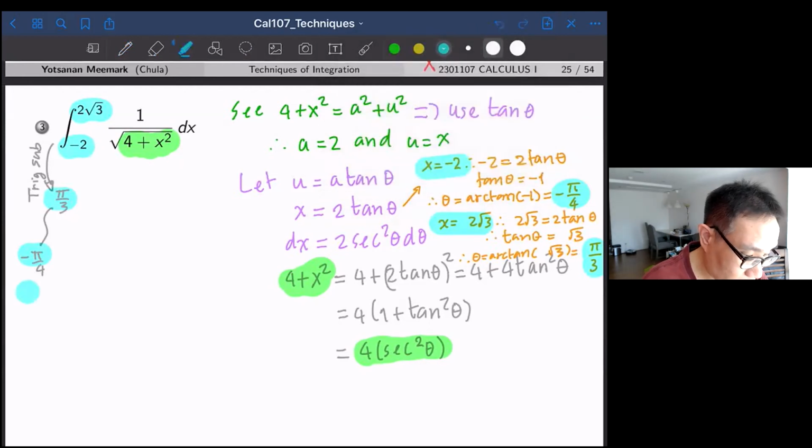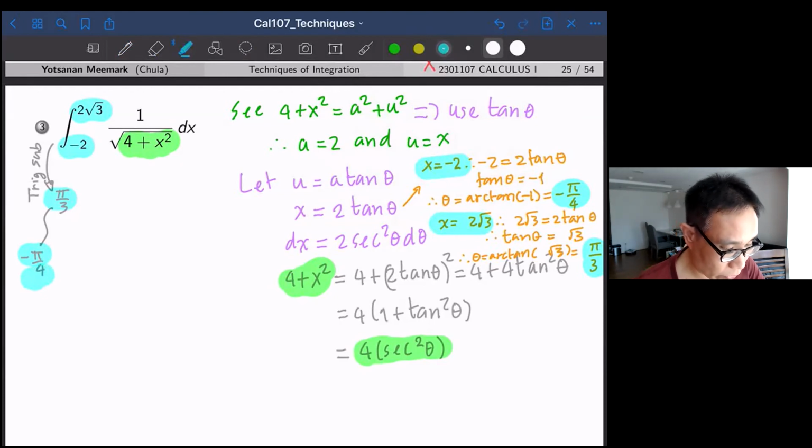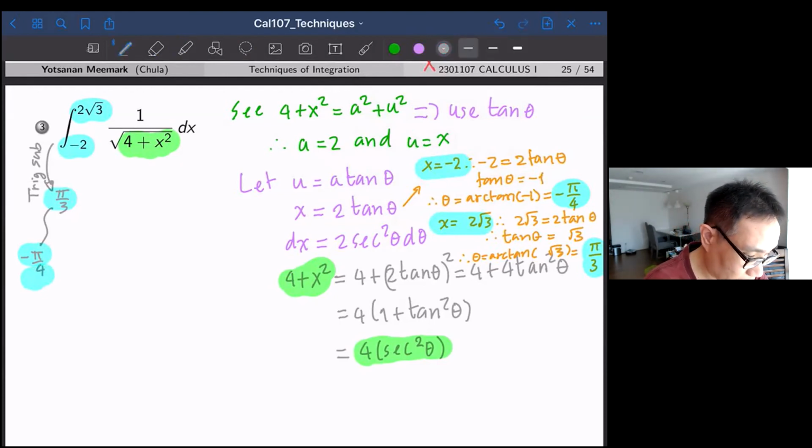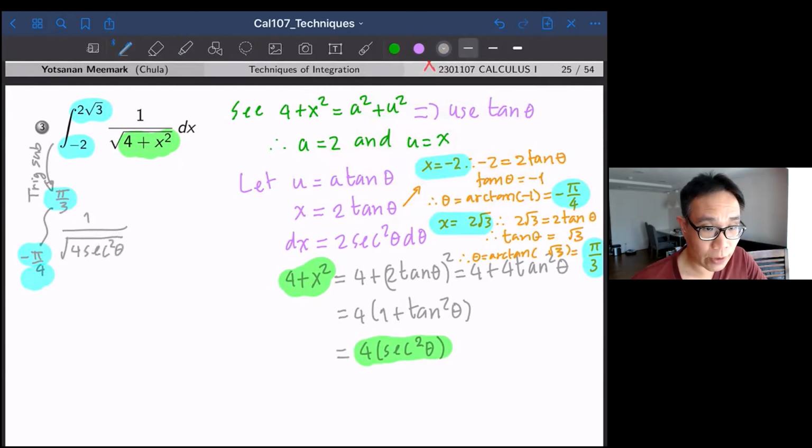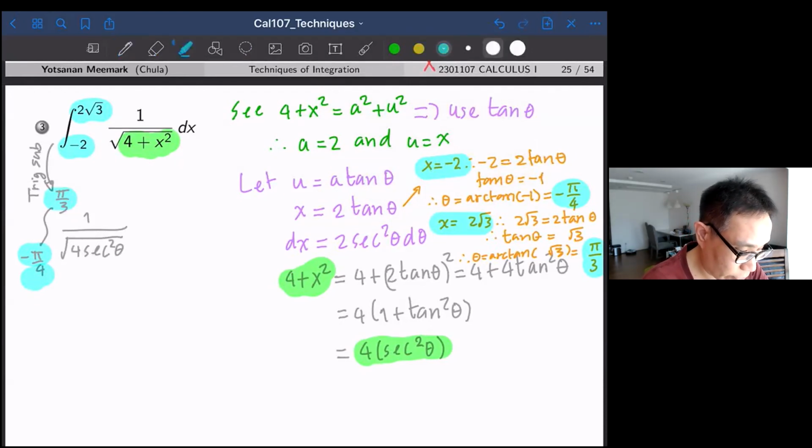Okay, so that's pi/4 to pi/3, and you have 1 over the square root of 4 plus x squared, and you're going to substitute 4 sec square. Okay, so this one is going to be 4 sec square, the green function, you see the color, and I have dx. dx is 2 sec square theta d theta.